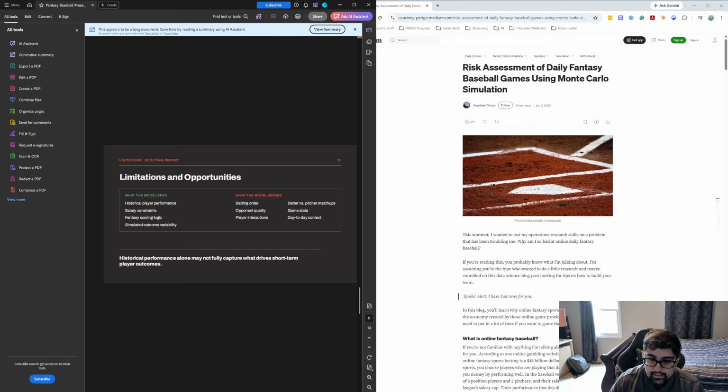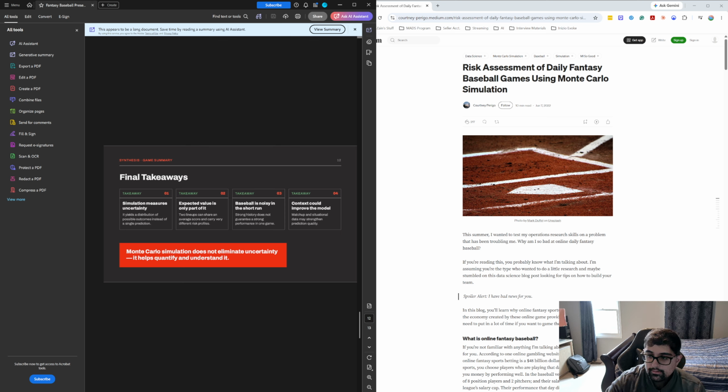So at the end of the day, historical performance doesn't fully capture what drives short-term player outcomes. Like I was discussing with examples like Coors Field, there's an extreme amount of variability that goes into determining how a player is going to perform, whether a batter or pitcher, in a single game. The final takeaways I got from the paper were that simulation measures uncertainty, and expected value is only a part of that.